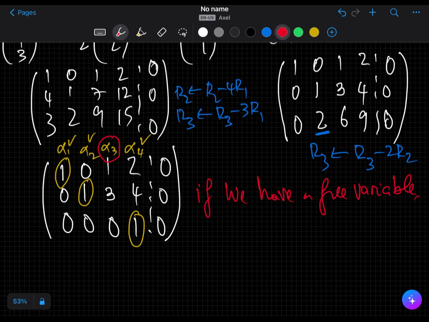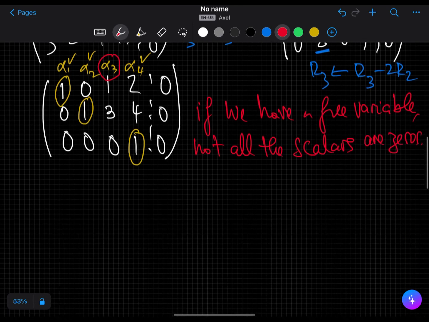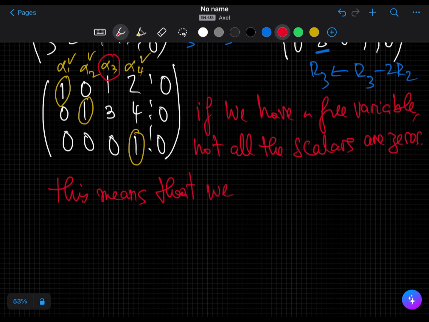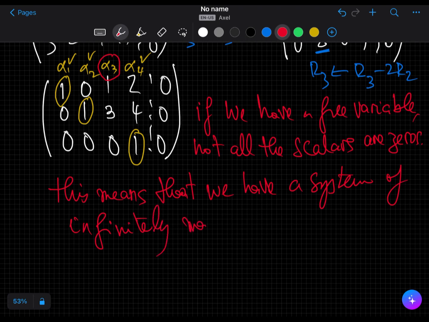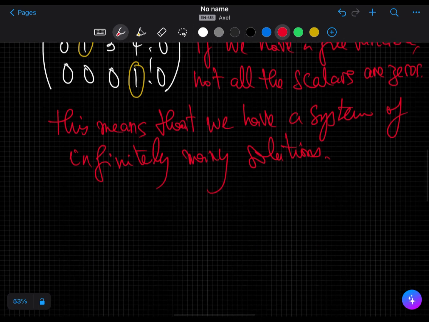It means that not all the scalars are zeros, so we have a system of infinitely many solutions. Therefore, the set S is dependent.